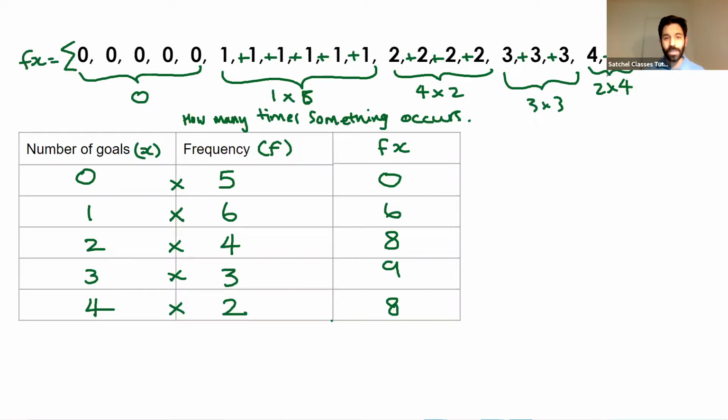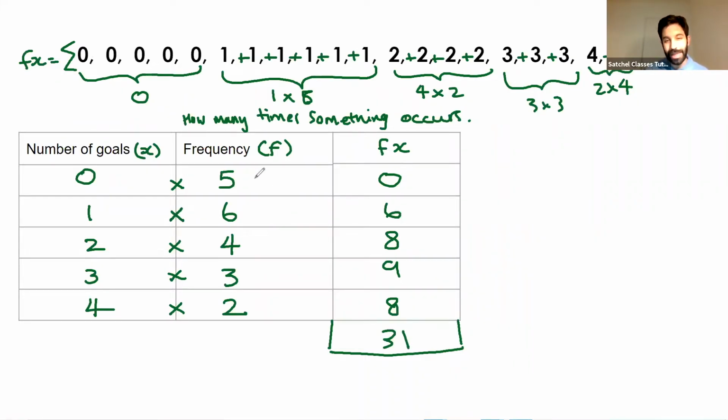However, rather than adding them, I just did simple multiplication, which makes your method more methodical, and when you're dealing with lots of data, easier to process. So the sum here will be, well, 6 plus 8 is 14, plus 9 is 23, plus 8 is 31.